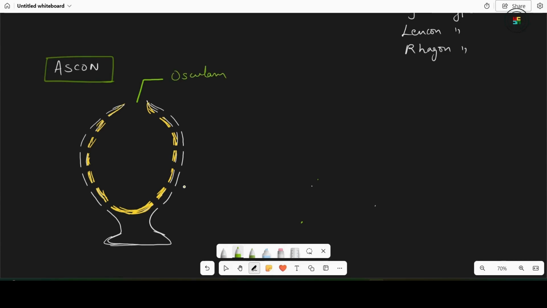Osculum, pinacocyte, middle mesohyle, inner choanocyte, okay.